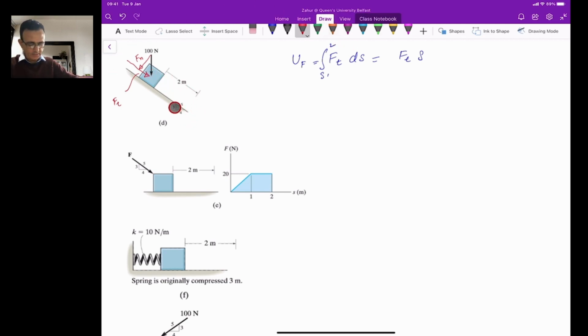So if this angle here is theta, then this one is parallel to this one here.